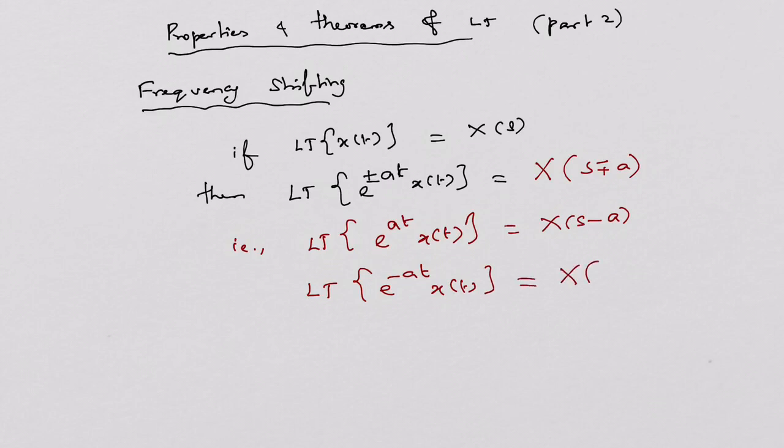Take the previous Laplace transform of x of t, which is X of s, where s is replaced by s plus a. When there is a negative sign in the e power term, you will get s plus a. When there is a positive sign, you will get s minus a.